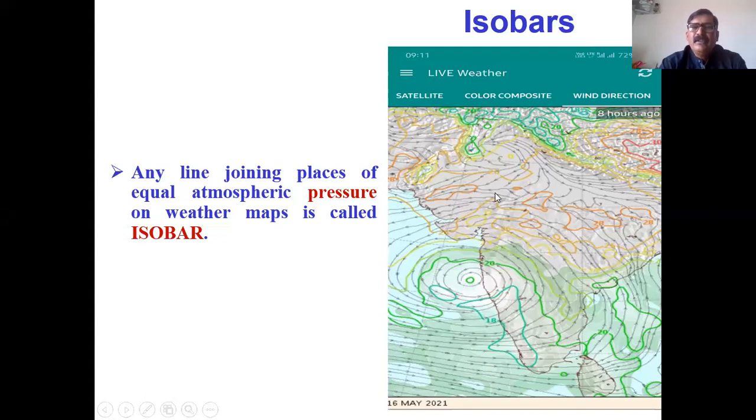So the different lines are showing the passage. Again, here is one dark green line.